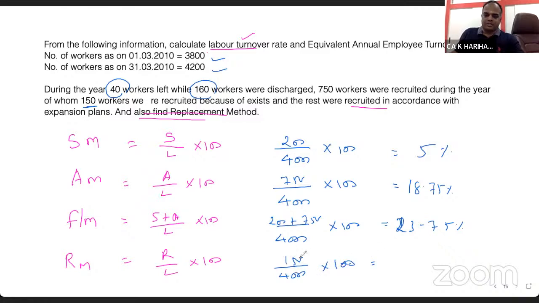So 150 divided by 4,000 into 100 is equal to 3.75%. Separation, accession, flux, and replacement methods: 5%, 18.75%, 23.75%, 3.75%.